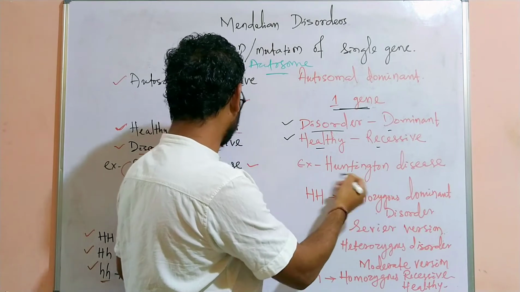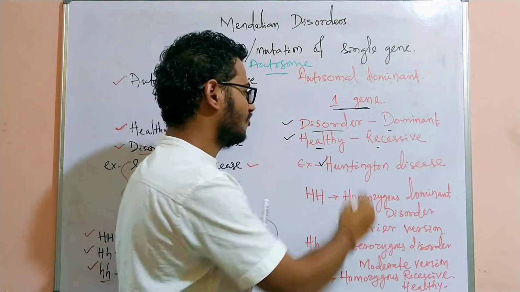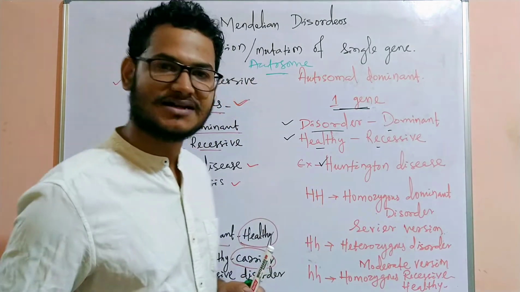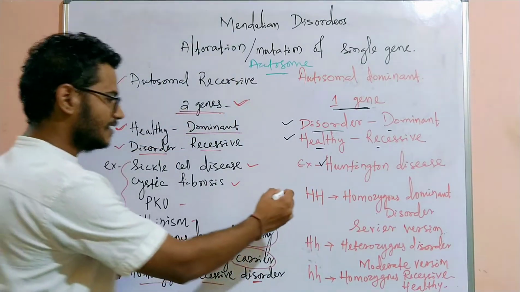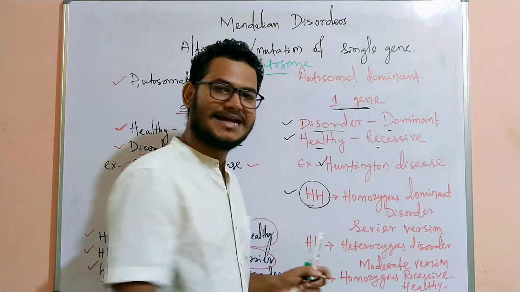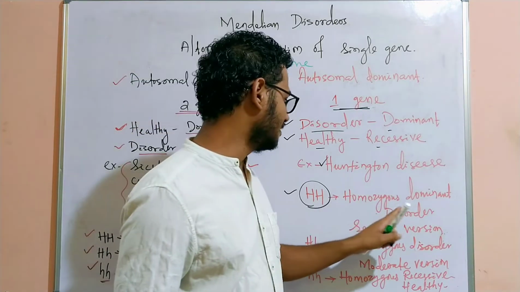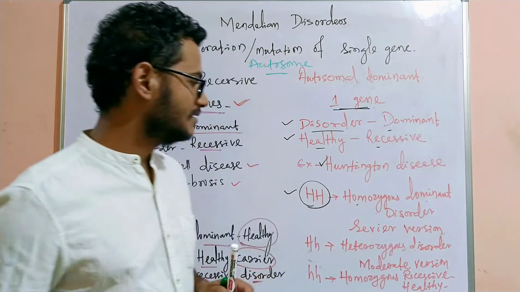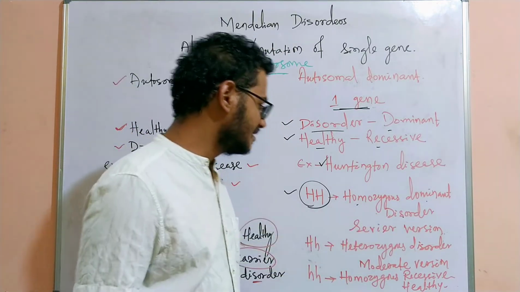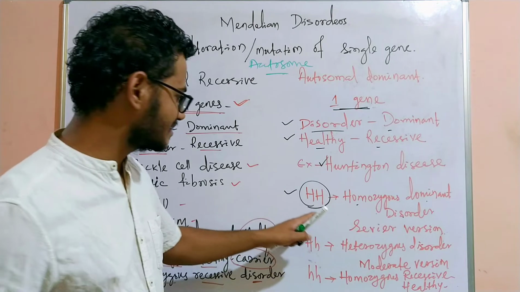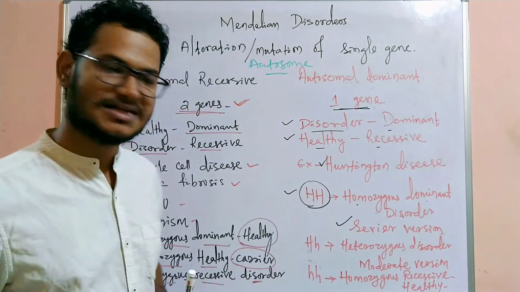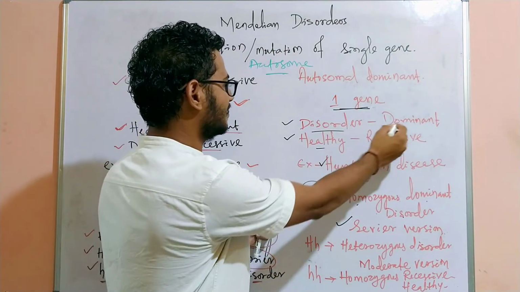The example here is Huntington disease, and here also there are three different conditions. The first one, capital H, capital H, means the condition is homozygous dominant and the disorder is found. In this case the disorder is severe, because the disorder is dominant here.